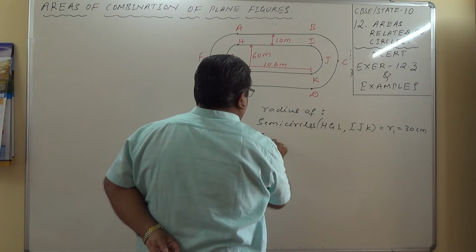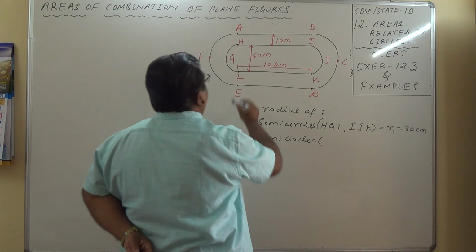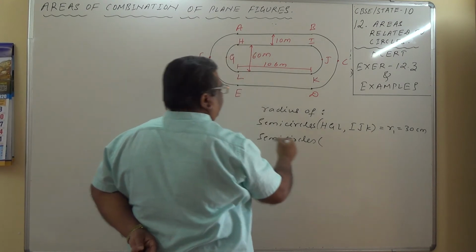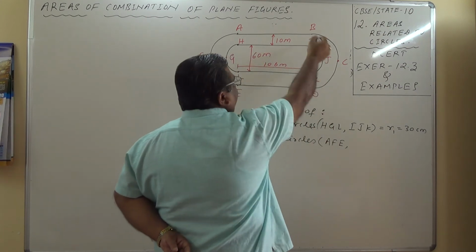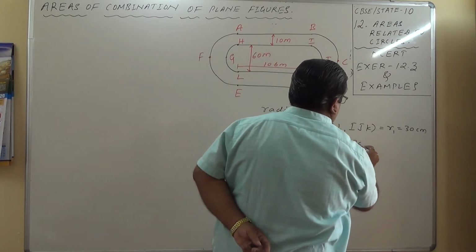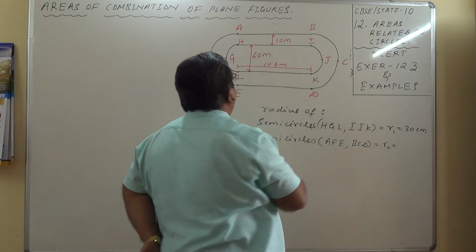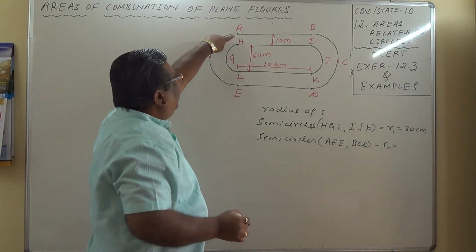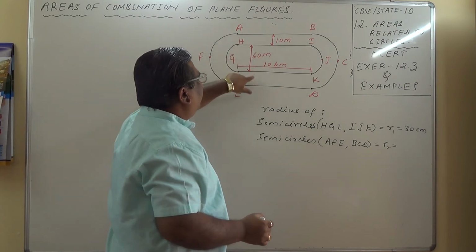Similarly, for semicircles AFE, BCD, the radius is R2, which is equal to, from here to here, 60 plus 10 plus 10.